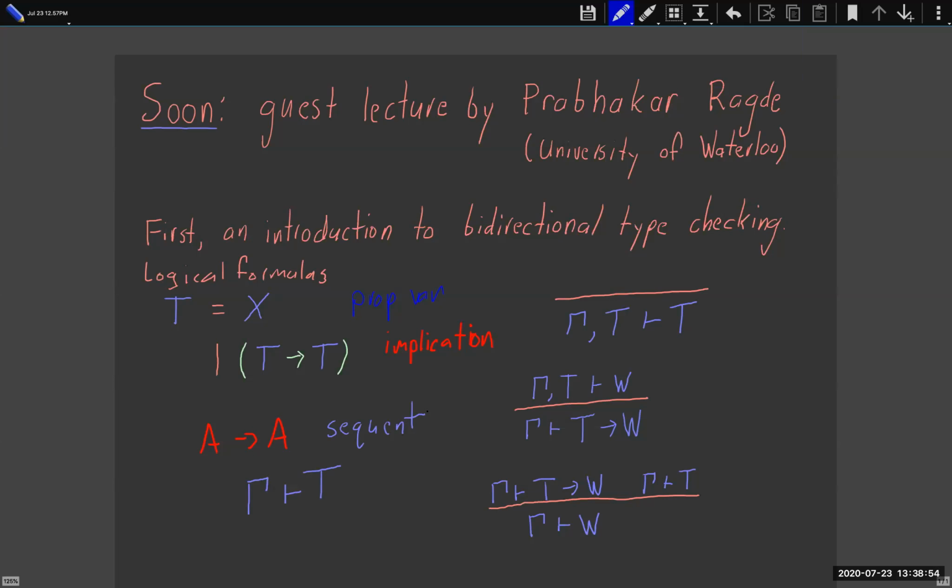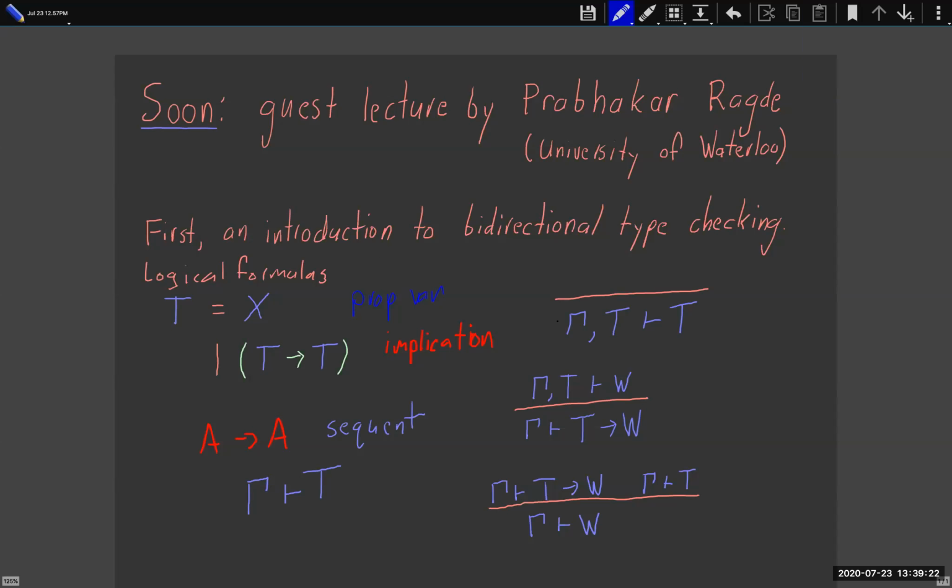Just a quick question. What does sequent mean? Well, I'm not going to give you a much better answer than it means the following thing. It's a type of assertion. It's an assertion that in a context you can prove something. Prabhakar, do you have an answer actually for where the word sequent comes from?